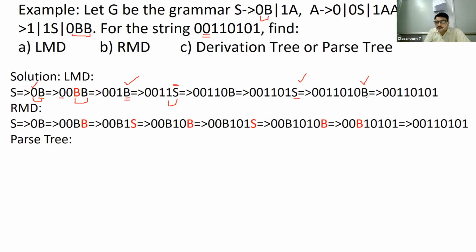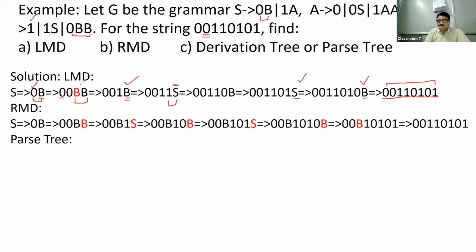So just see the production rule of B, whether it can produce 1. B can produce 1 directly. So just in place of this B, put this one. So we derive this particular string. We derived that particular string by applying the leftmost derivation.